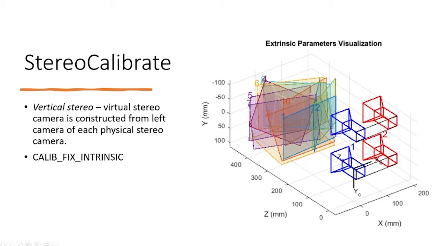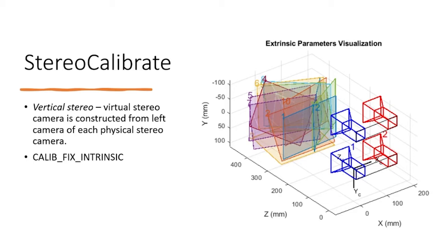Then you just show this board pattern to those two cameras and do the traditional stereo calibration procedure, which will give you basically the translation and rotation between the left camera of the T265 and the left camera of the Leap Motion.